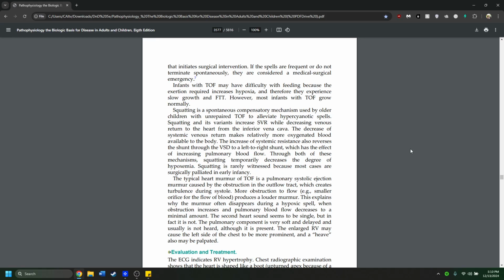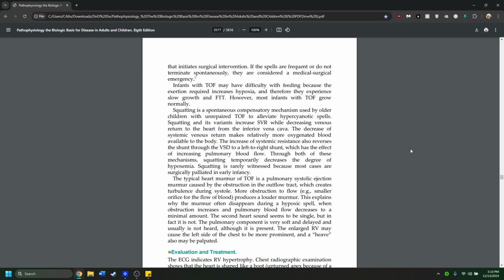The increase of systemic resistance also reverses the shunt through the VSD to a left-to-right shunt, which has the effect of increasing pulmonary blood flow. Through both of these mechanisms, squatting temporarily decreases the degree of hypoxemia. Squatting is rarely witnessed because most cases are surgically palliated in early infancy.